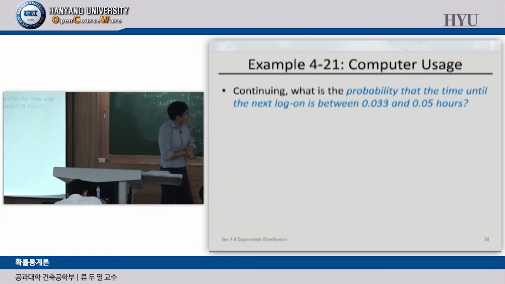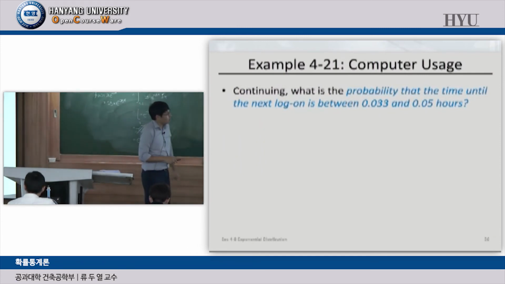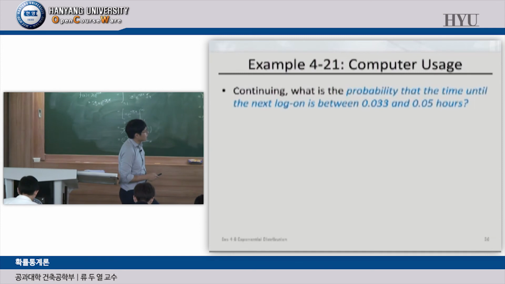Continuing, what is the probability that the time until the next logon is between 0.033 and 0.05 hours?